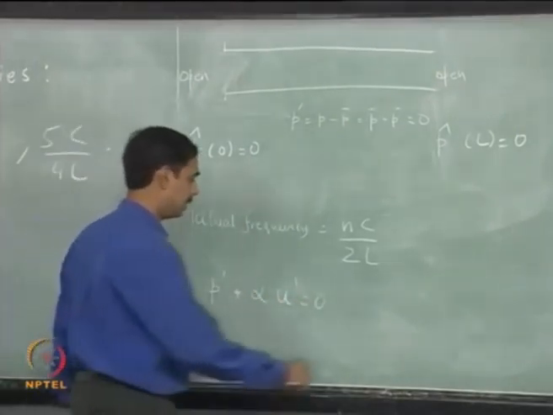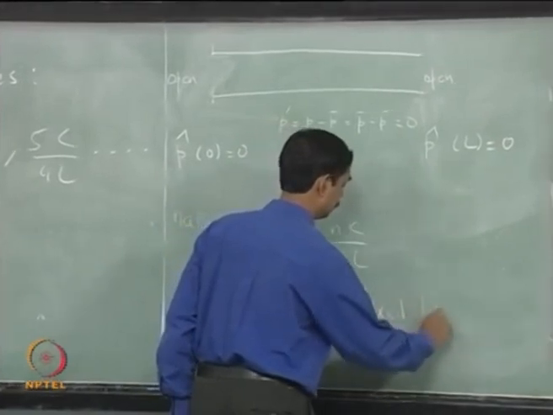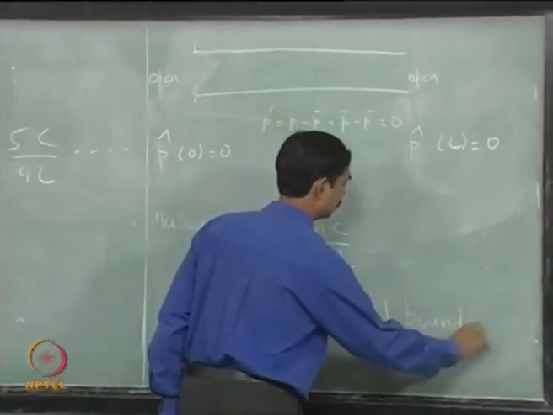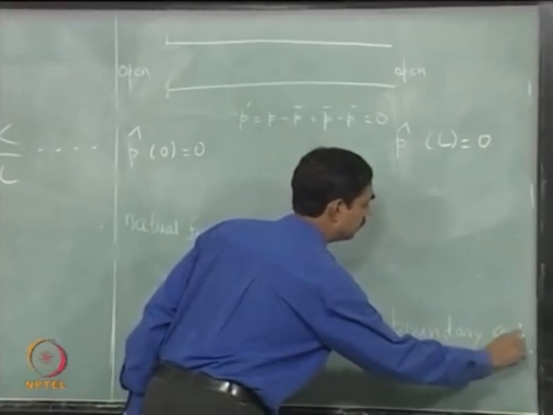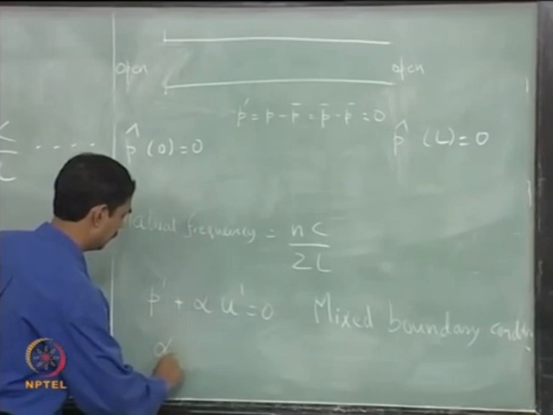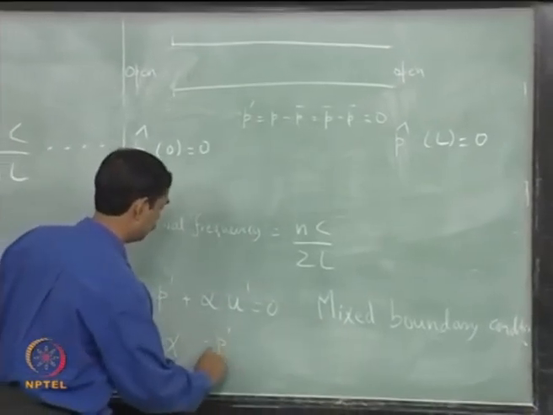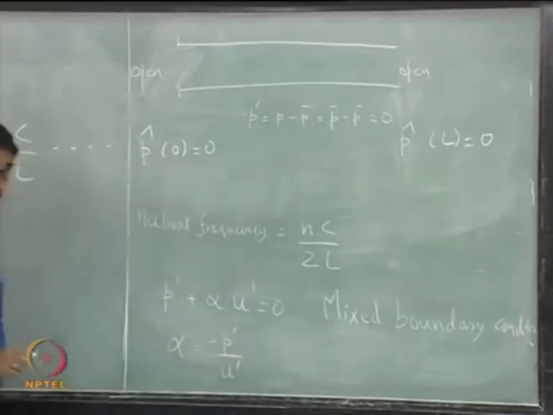So this would be a mixed boundary condition, which would mean that alpha would be equal to minus P prime by U prime.